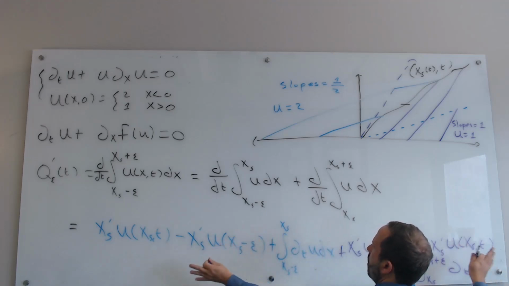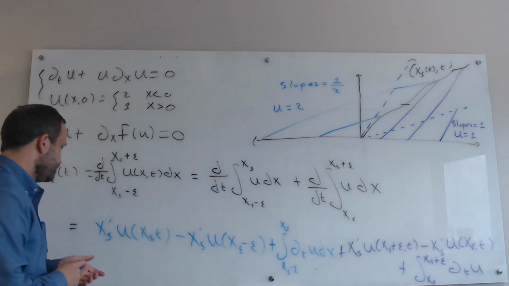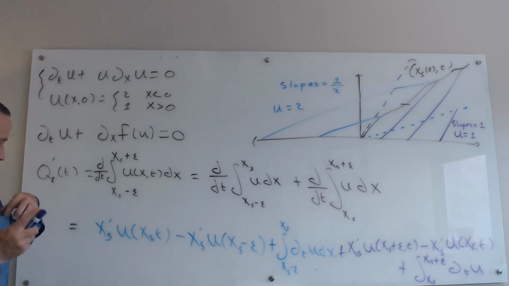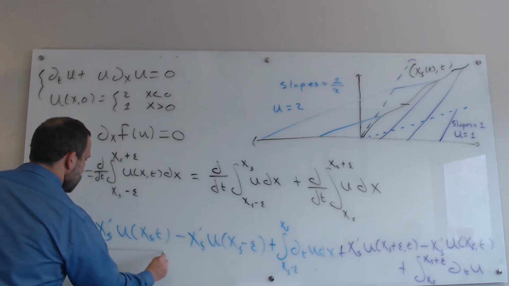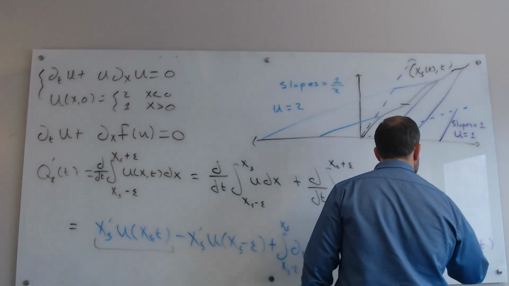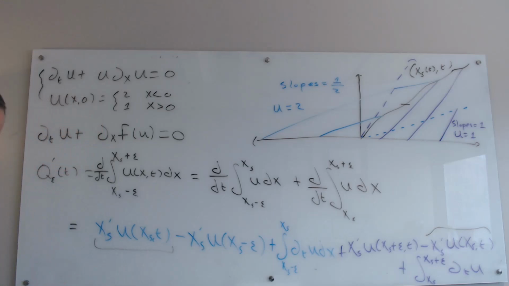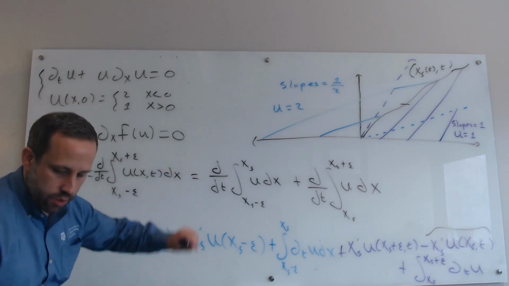All of this stuff down here, I'm going to write up here in just a minute. Now notice what's going to happen here. Right here I have an xs prime u of xs, and over here I have a minus, so those two terms are going to cancel.